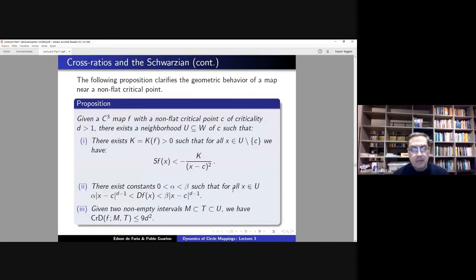And finally, if you're inside this neighborhood of a critical point, if the neighborhood is sufficiently small, then the cross-ratio distortion of any pair of intervals lying inside that neighborhood will be uniformly bounded. It will be bounded only in terms of the degree of the critical point. Okay? So these facts are useful.